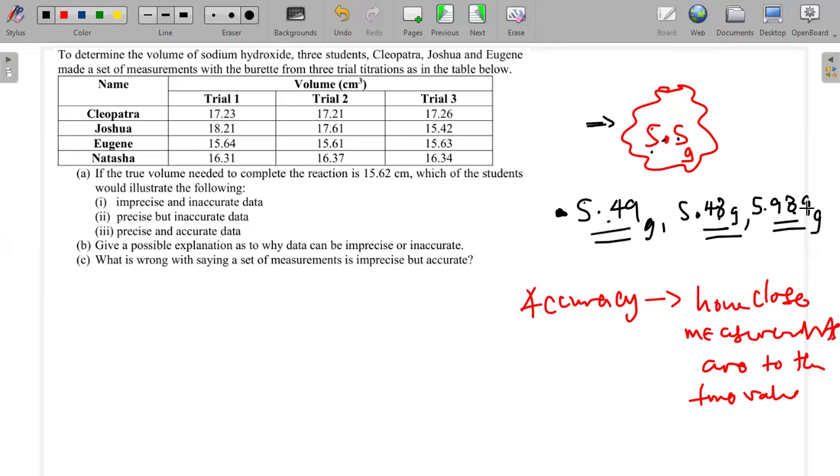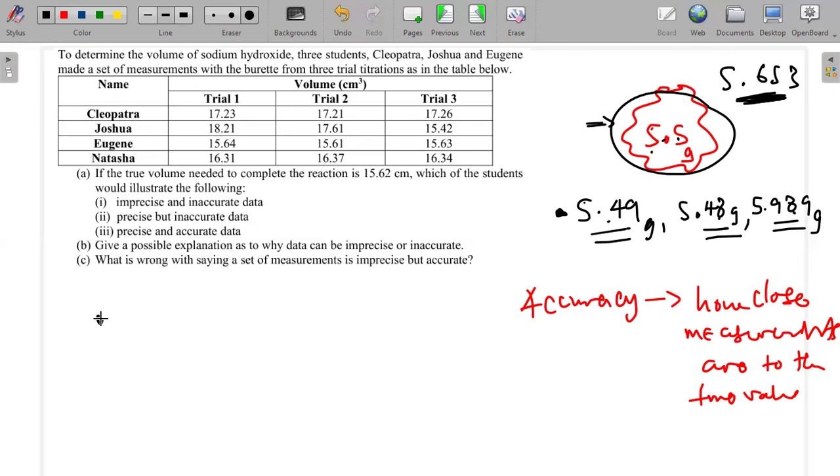So here I would say 5.49 plus 5.48 plus 5.989, and then I divide by how many they are. There were 3. I'm going to get 5.653. And then now you compare this average that you've gotten to this, and then you can state if it's accurate or it's not accurate. That one should be done whenever you have more than 2 measurements and you want to state something about the accuracy.